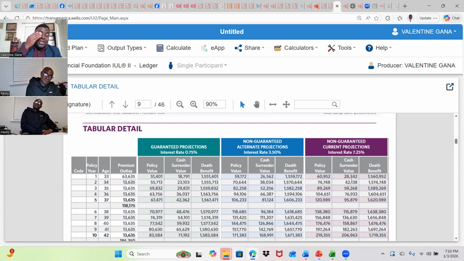With a term policy, the face value, also called the death benefit or initial death benefit, is fixed. Here, the initial death benefit is $1.5 million, but as you pay into the policy, it builds cash. The cash surrender value here is increasing every year.